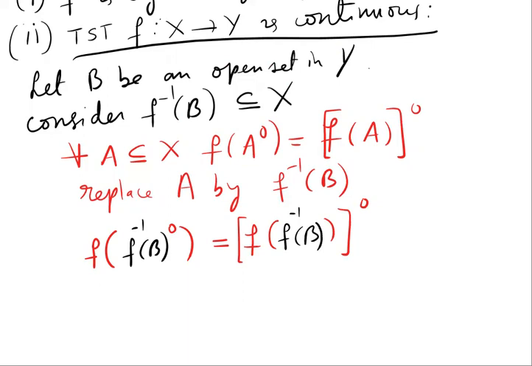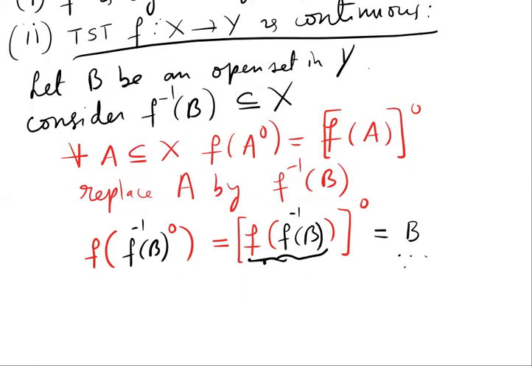Right? Now watch. You have F inverse. Whenever we have F inverse, there is a relation, right? F inverse of B is nothing but B, full inside. Why equal?